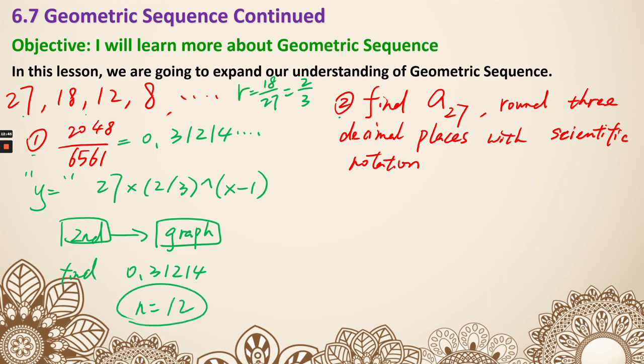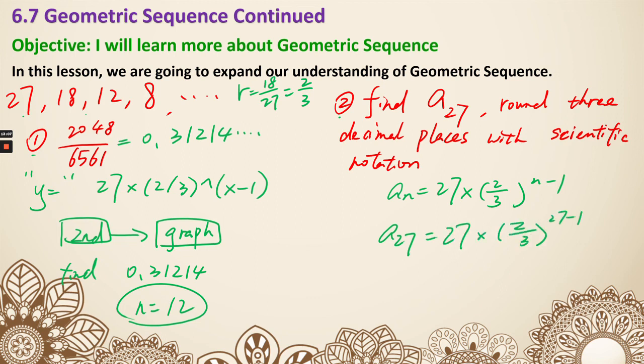For part 2, if you haven't noticed, you can use the table to keep finding a sub 27. However, in a lot of questions, you're not going to be asked to do the first part. So we're going to use our explicit formula, which is 27 times 2 over 3 to the n minus 1 power. To find a sub 27: 27 times 2/3 to the 27 minus 1 power, which is 27 times 2/3 to the 26 power.